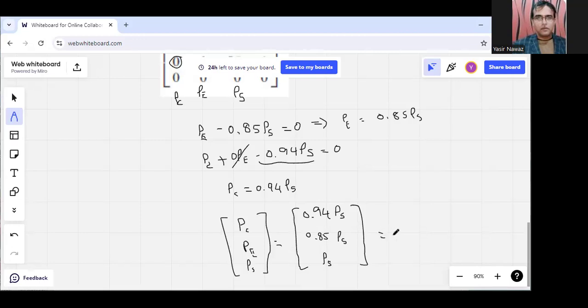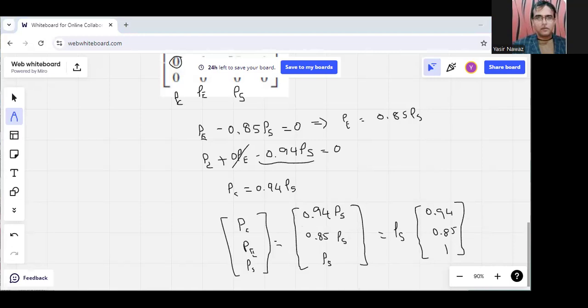Because PS is common, I bring it outside of the vector. Inside the vector, one quantity is 0.94, other is 0.85, and the third is 1. So that's the solution of the system.